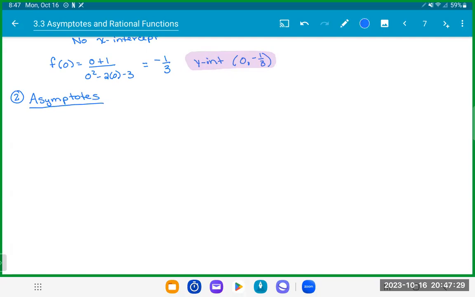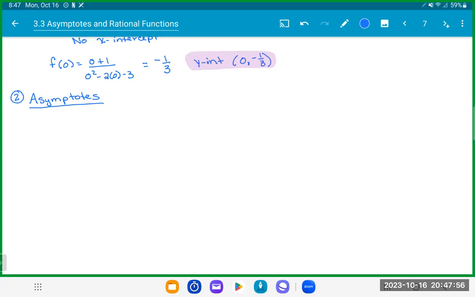Okay. So our vertical asymptote, remember, the denominator is 0 for x equals -1 or x equal to 3. And since x equal to -1 also made the numerator equal to 0, we have to look at the limit to determine if there's a vertical asymptote.